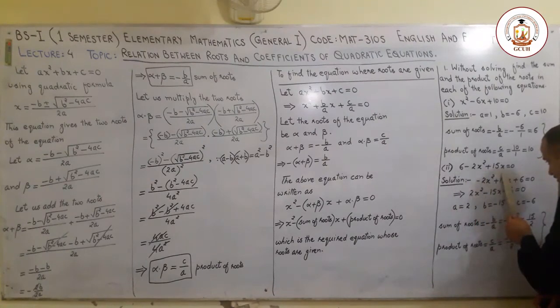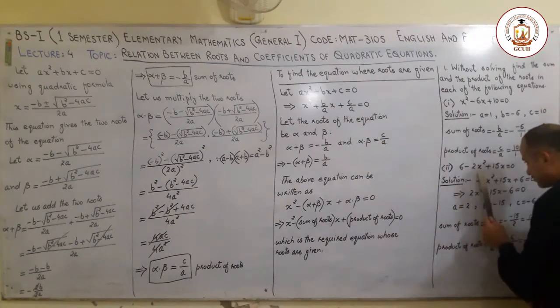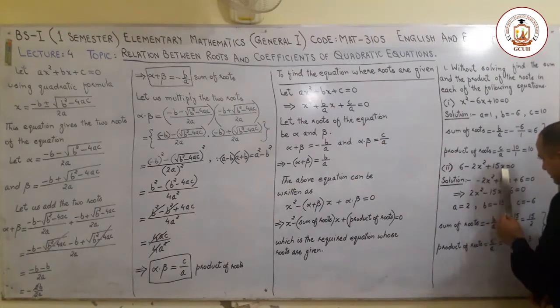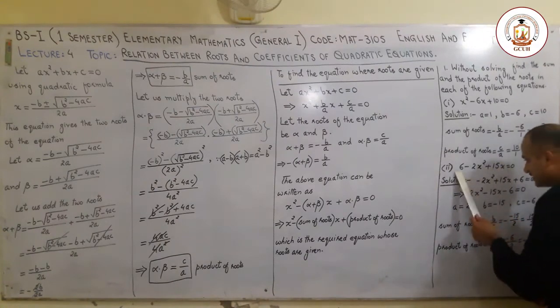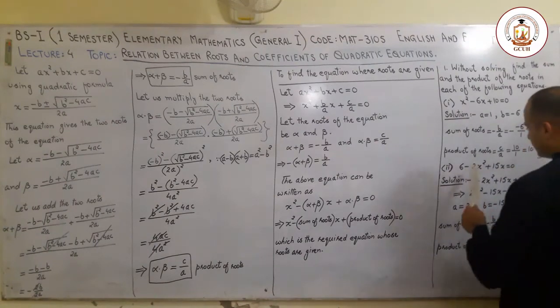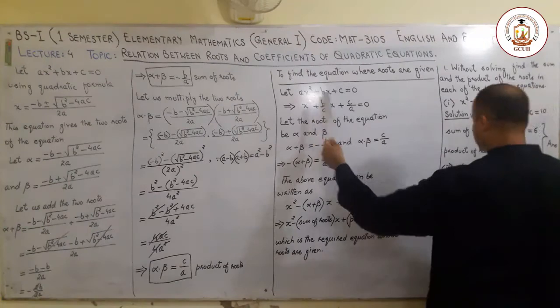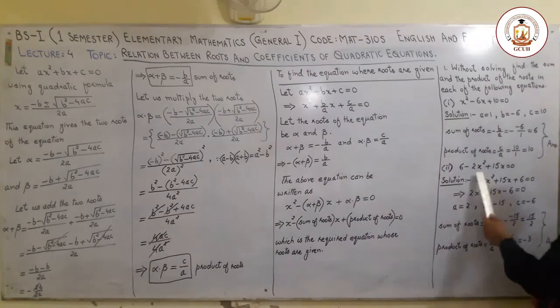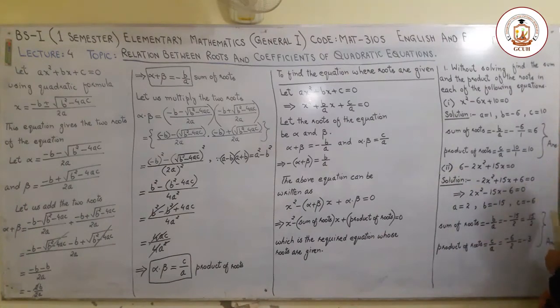You may notice that this equation is not in general form. The square term is written in second place, the first degree term is written in the third place, and the constant is written in the first place. So let us arrange this equation and convert it into general form. So let us write the square, that is the second degree term first, then the first degree term, and in the last the sign is positive, so we write plus 6 is equal to 0.